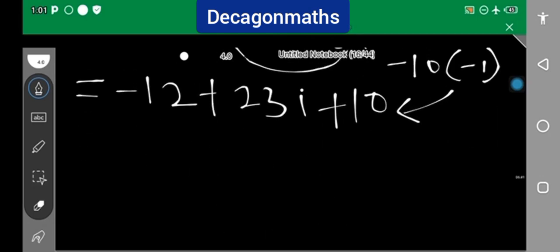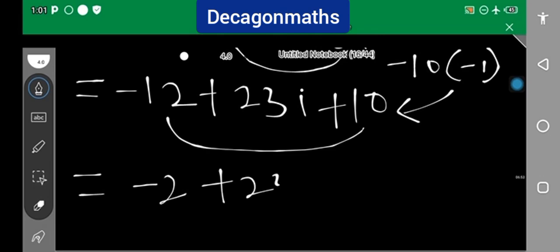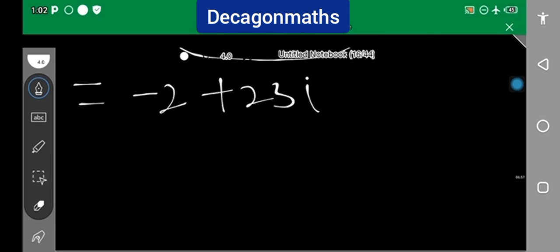So from there we add minus 12 and plus 10, so minus 12 plus 10 gives minus 2, then we have our plus 23i. So this is the answer to the first one.